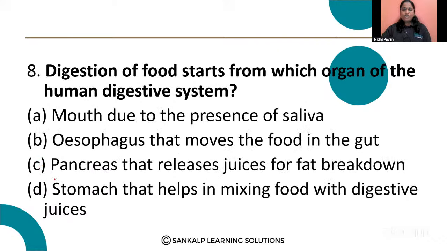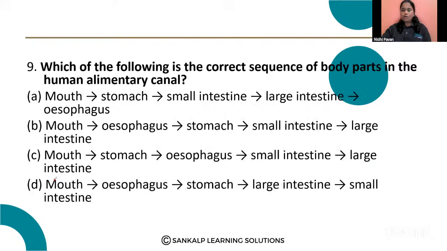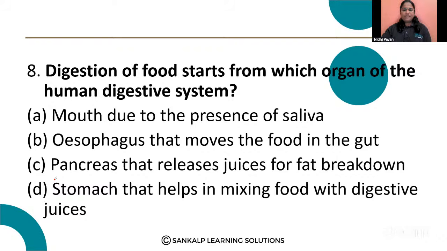Next question. Digestion of food starts from which organ of the human system? Human digestive system. Where does digestion start? Okay? So mouth due to the presence of saliva, esophagus that moves the food in the gut, pancreas that releases juice for the fat breakdown, stomach that helps in mixing of food with digestive juices.